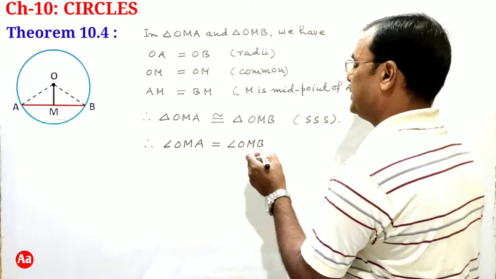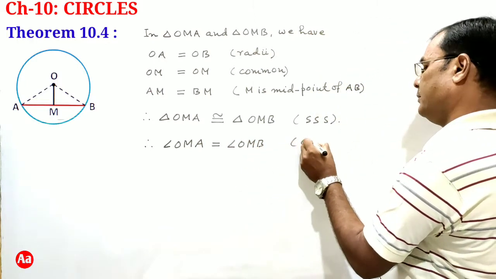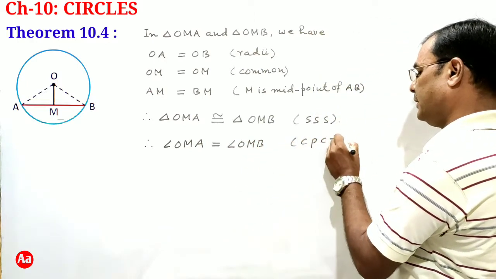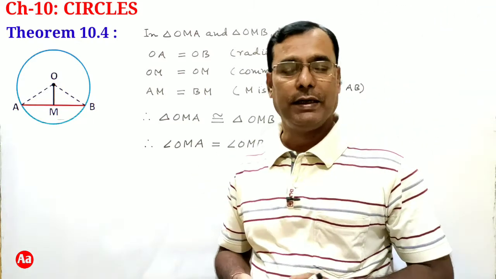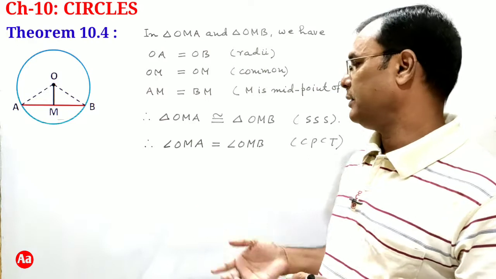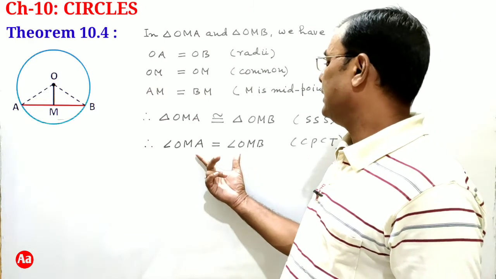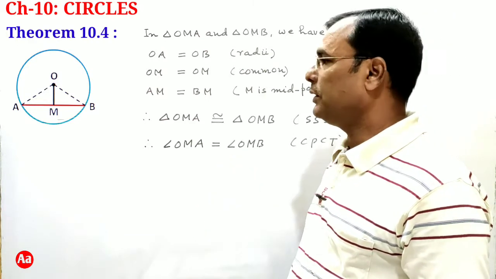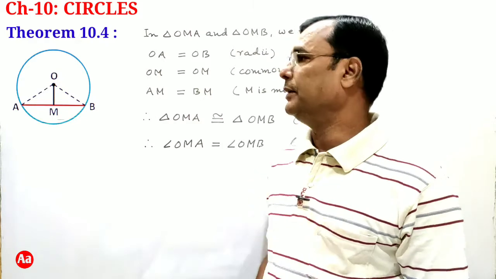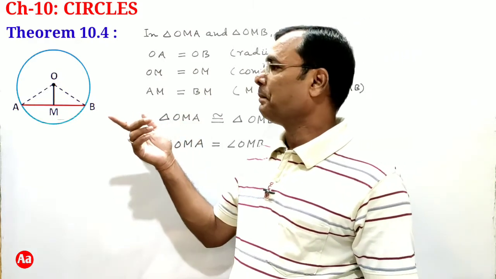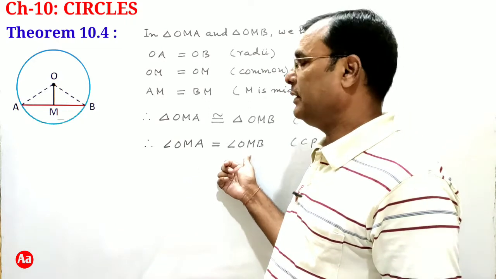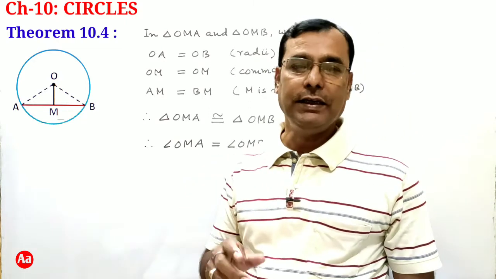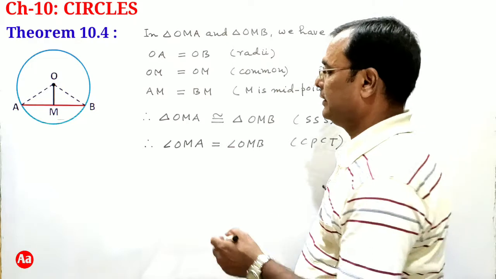OMB by CPCT, as they are corresponding parts of congruent triangles OMA and OMB. So by CPCT, angle OMA is equal to angle OMB. But if you see in the figure, these angles OMA and OMB are forming a linear pair of angles.